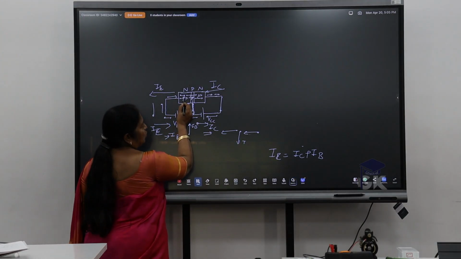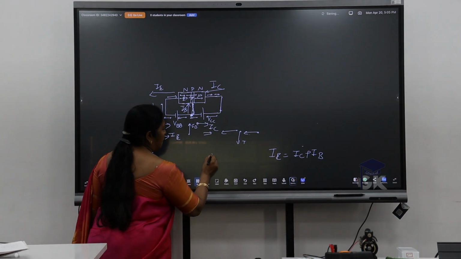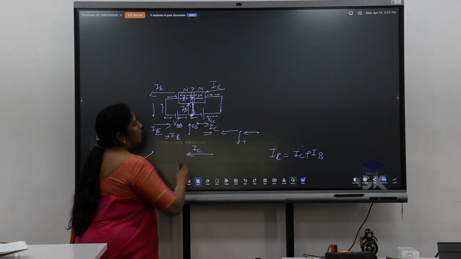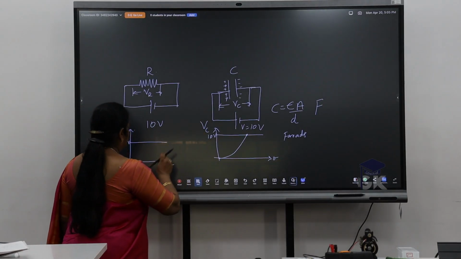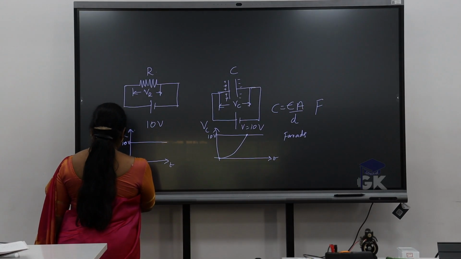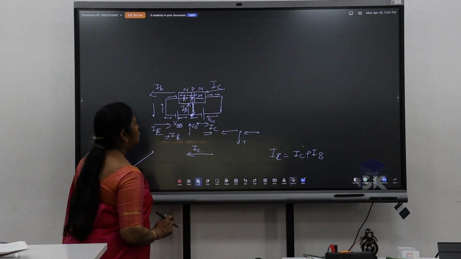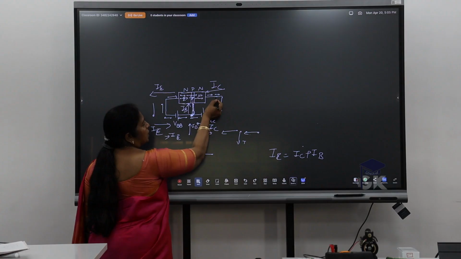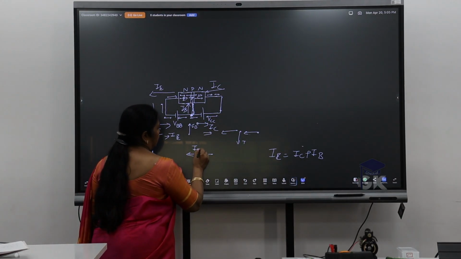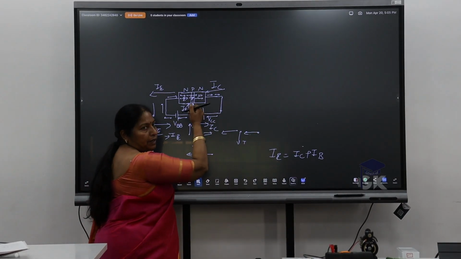The charges are moving into IC, but the current direction is away. What is this terminal? It is the collector. This is the emitter. At the collector, the charges are away.